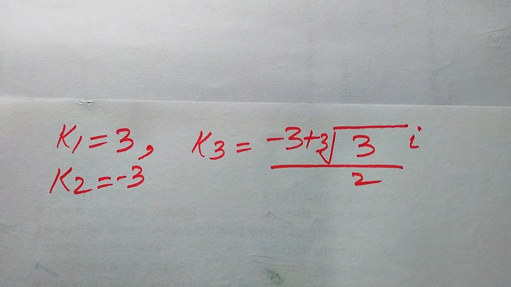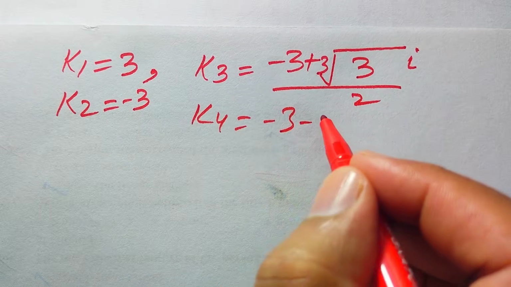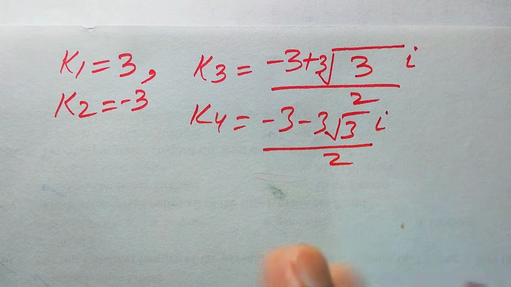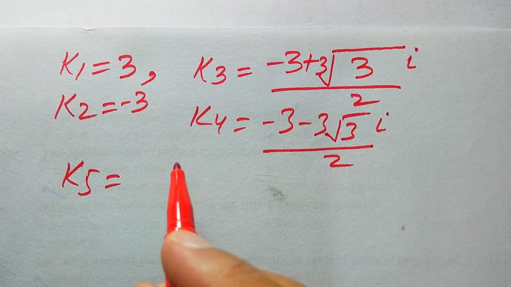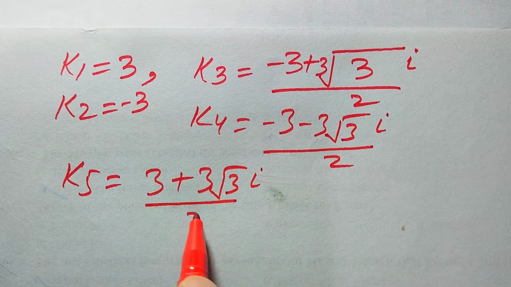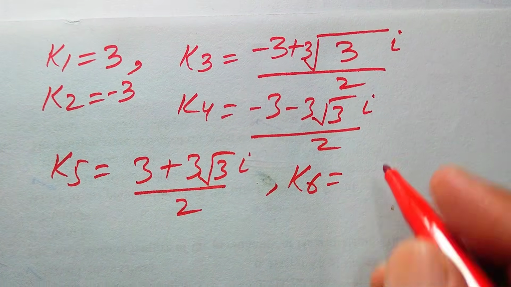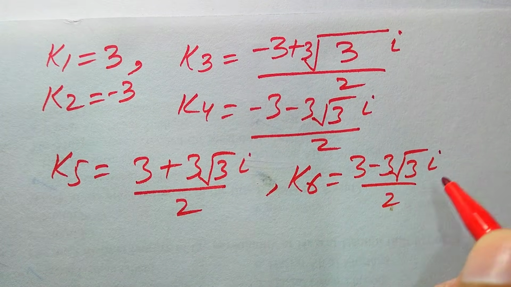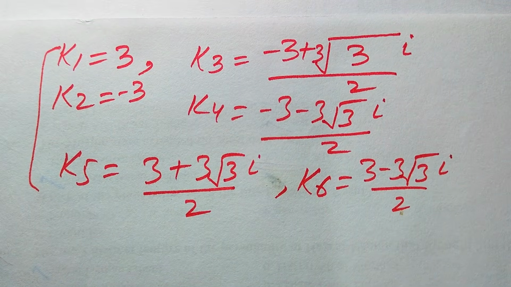This is the second complex root, and k4 equals minus 3 minus 3 times square root of 3 iota divided by 2. This is the fourth root. k5 equals 3 plus 3 times square root of 3 iota divided by 2, and k6 equals 3 minus 3 times square root of 3 iota divided by 2. So these are the 6 roots of the given equation, and this is our final answer.